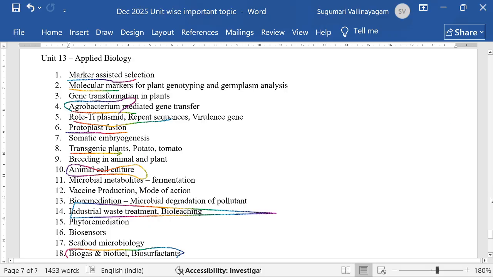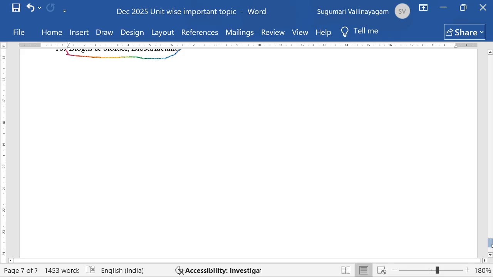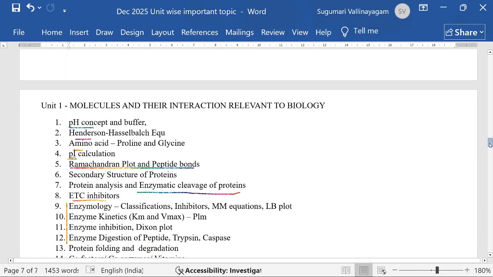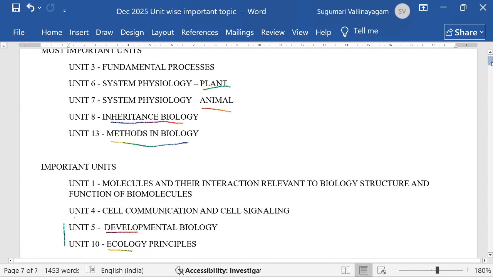So here I am listing the important topics, the most important units. I am not mentioning the whole syllabus. This is for last minute preparation, to show which topics are most important and high priority. They ask more questions from these topics, you can answer easily and get more marks, and that's why we are listing these units.